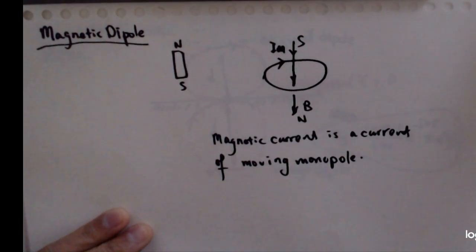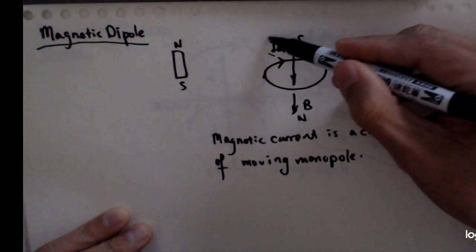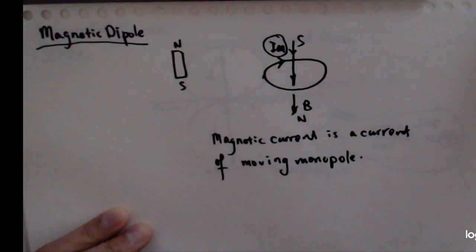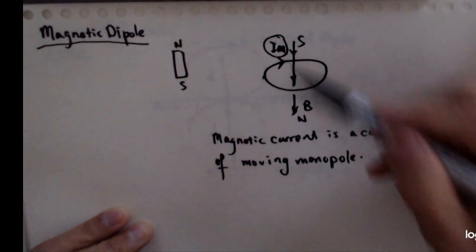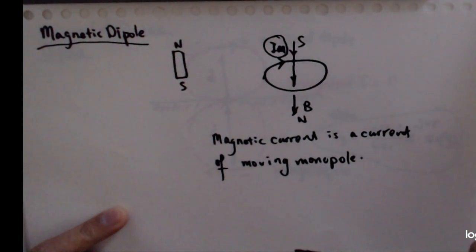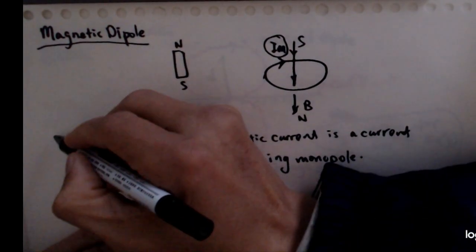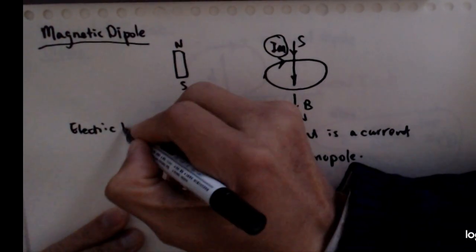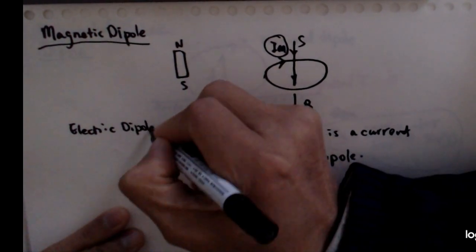And in this case, we call this current magnetic current. This is an imaginary current. It doesn't exist physically, but we use the concept of duality, the principle of duality, to correlate the magnetic dipole with electric dipole. In an electric dipole, we have electric current. Electric dipole is based on electric current.